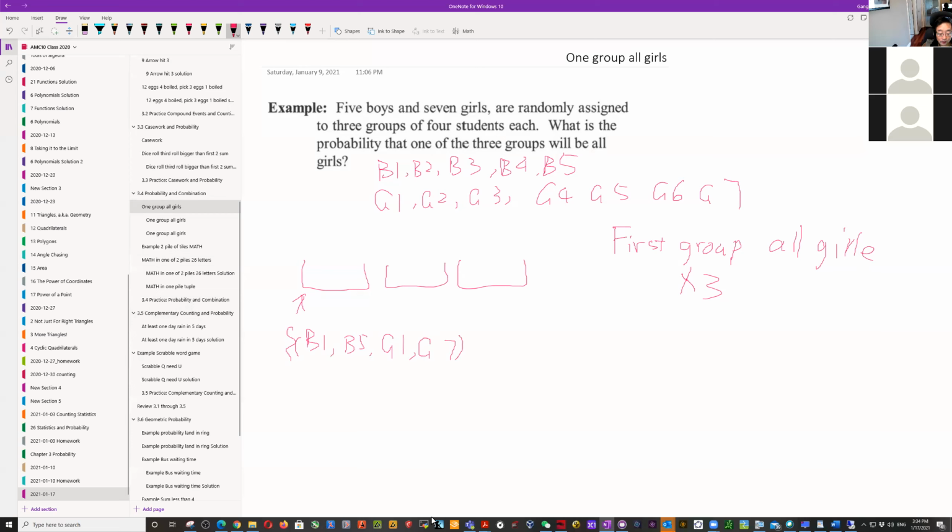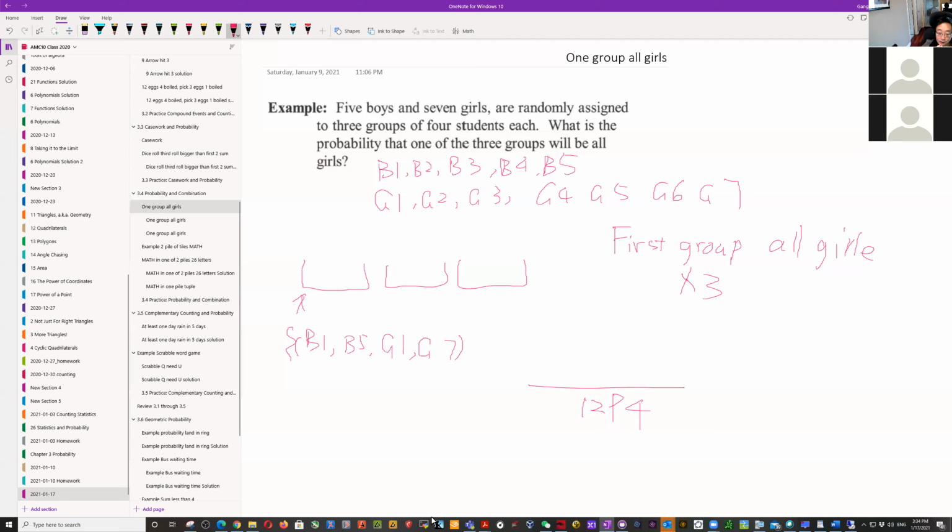That's a legit tuple for the end result. And the total count in the ordered setting is actually 12 permute 4.